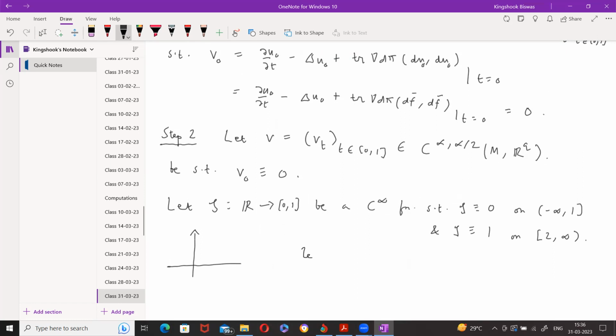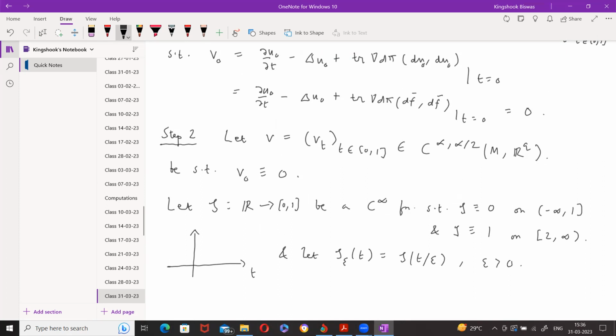Let me define zeta sub epsilon of t to be zeta of t over epsilon, for epsilon positive. What will the graph of this zeta epsilon look like?